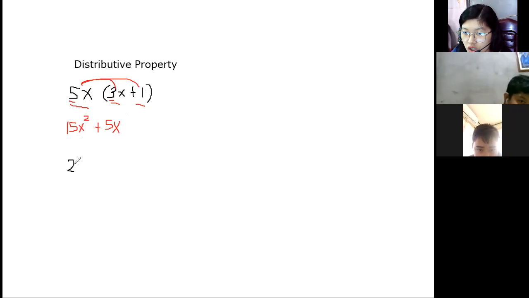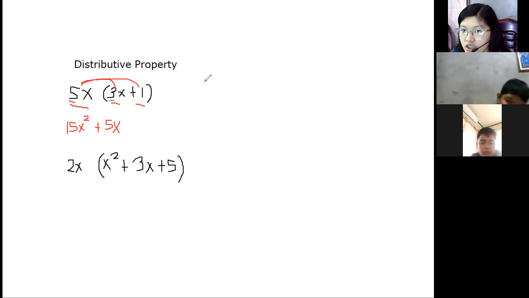Halimbawa, 2x times x squared plus 3x plus 5. Halimbawa, yan. So, ang gagawin is, i-distribute lang ulit si 2x dito sa x squared, tapos dito sa 3x, tapos dito sa 5.